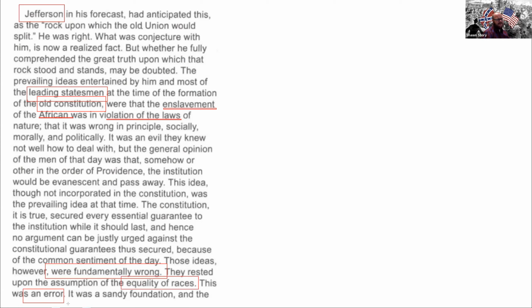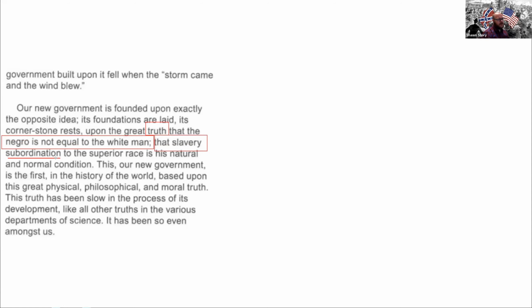And that was an error. That was a mistake. We believe, here in the Confederacy, in the South, the foundations are laid. The great truth, we believe in the truth that the Negro is not equal to the white man. That slavery, they are in subordination, meaning below, to a superior race, the white man, and that is his natural condition.